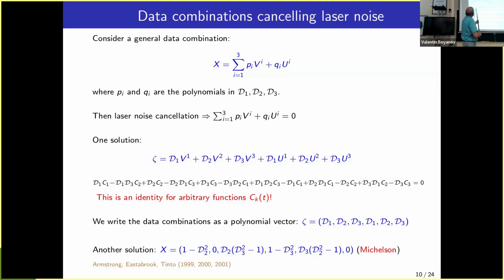The delay operators are D1, D2, D3, and the polynomials are E_i and Q_i. In the simplest form, this ring is commutative, that is when static, we take the zeroth order. So the laser noise cancellation condition is E_i V_i plus Q_i U_i equal to 0. Exactly like this.